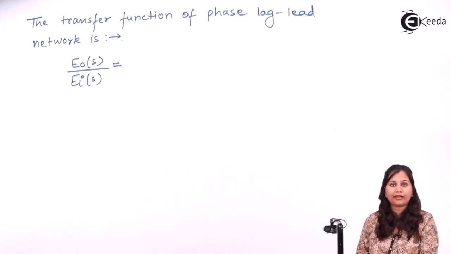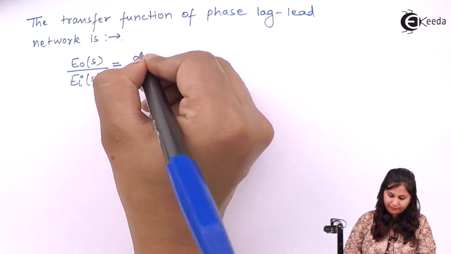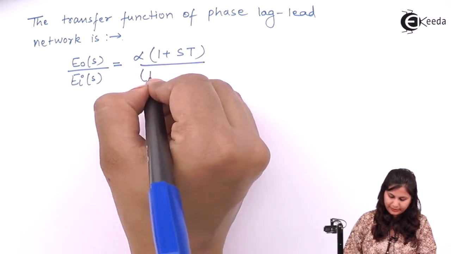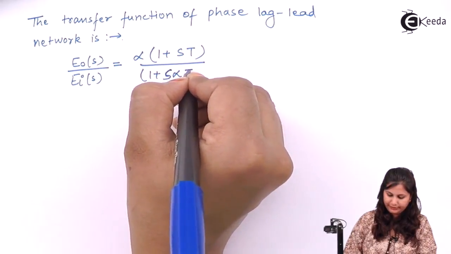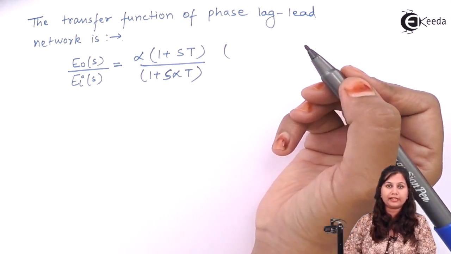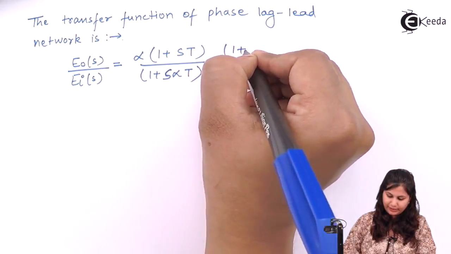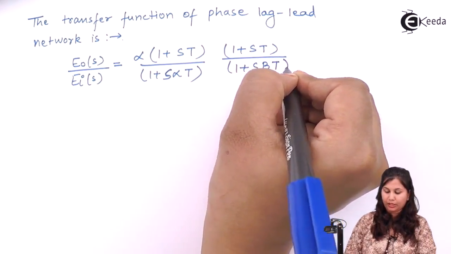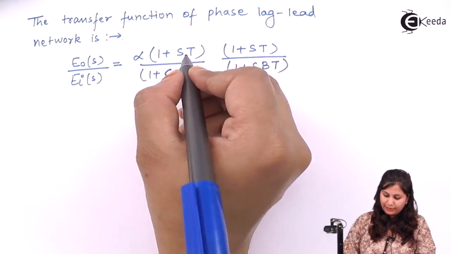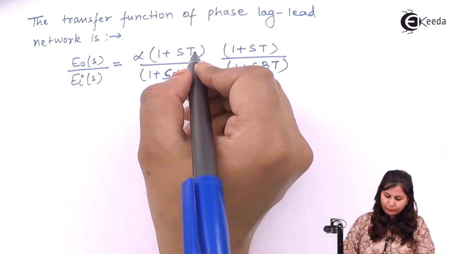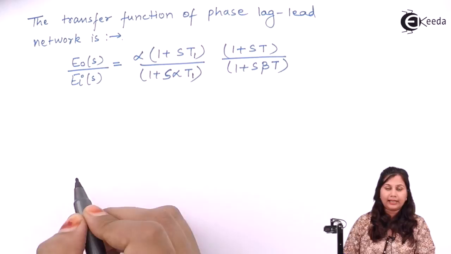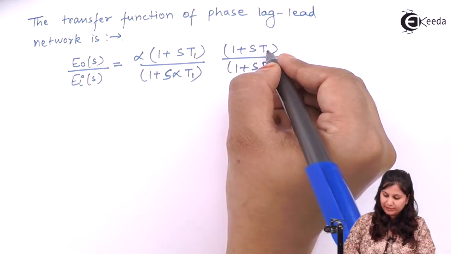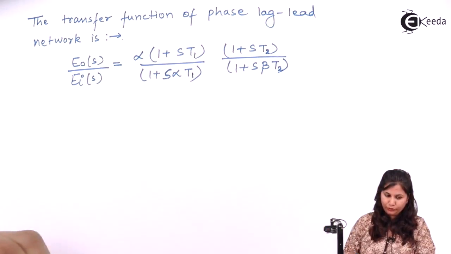The transfer function of phase lead network is alpha times (1 plus S T) upon (1 plus S alpha T), and the transfer function of phase lag network is (1 plus S T) upon (1 plus S beta T). For simplification, the time constant for the phase lead network we will mark as T1, and the time constant due to the phase lag we will take as T2.